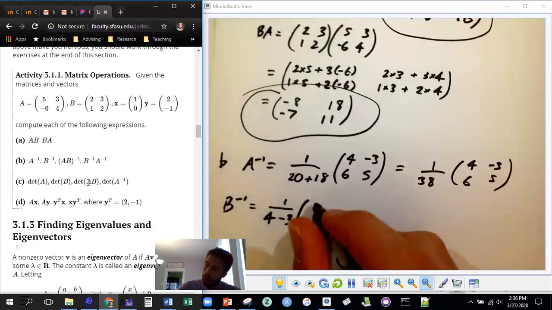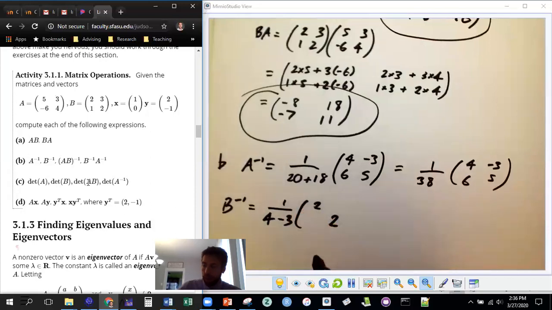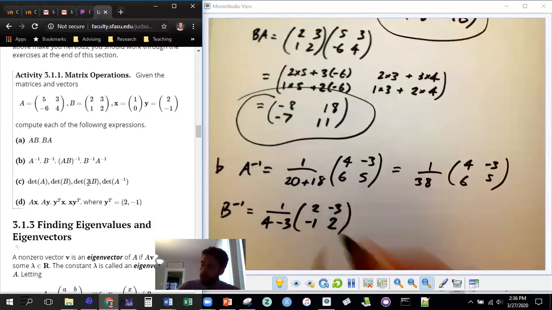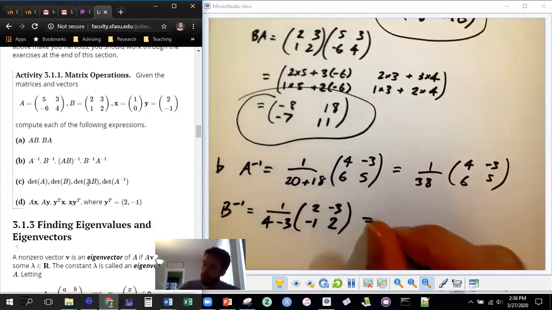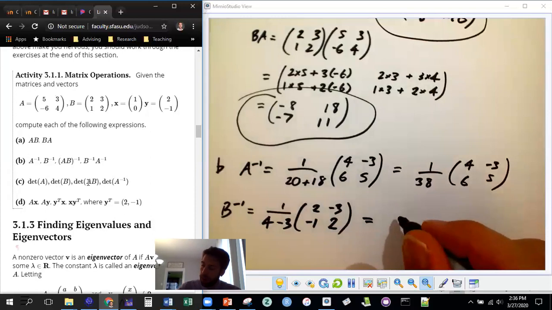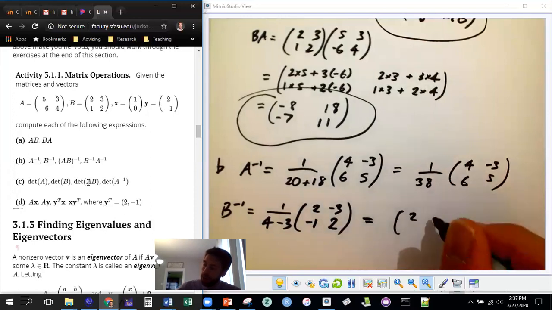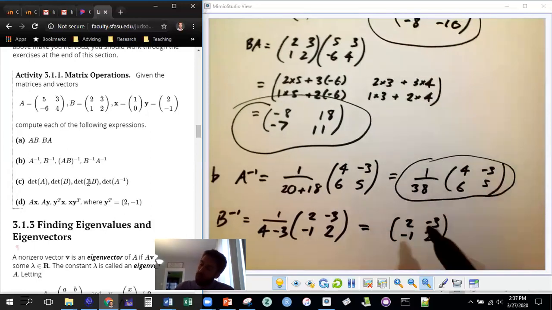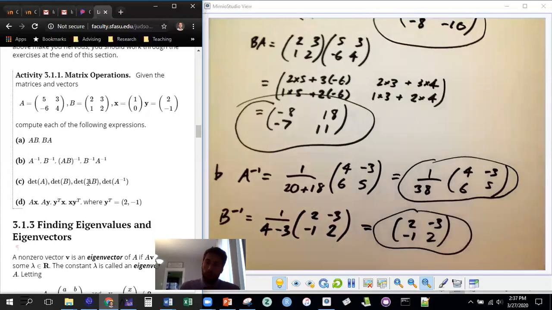And then we swap the diagonal entries, but they're the same, so it doesn't matter. And then off diagonals become negative. So 4 minus 3 is 1, so you can just forget about that: [2, -3; -1, 2]. Why can you forget about it? Because 1 times anything is just that thing.